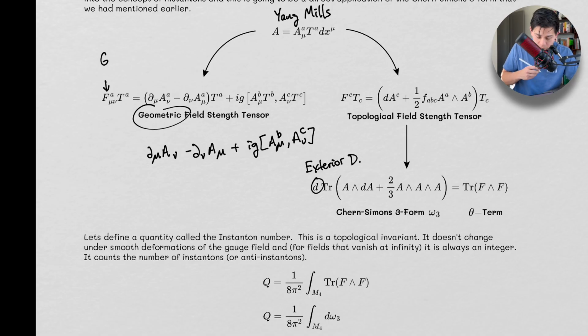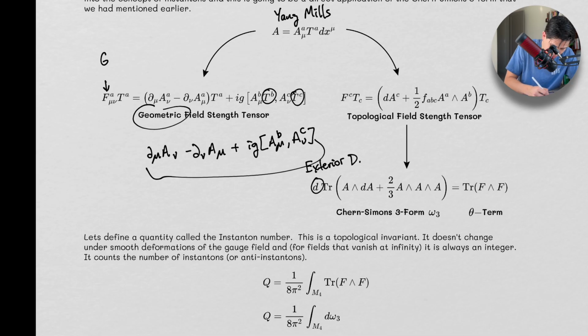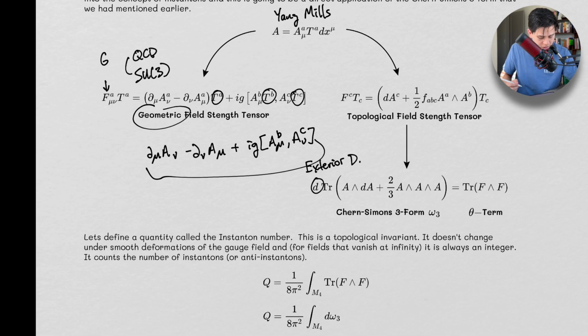And then hidden within all this are these matrices that are proportional to the Gell-Mann matrices. Gell-Mann being SU(3) matrices, right? So this is SU(3). This is QCD. These words are essentially synonymous with each other.